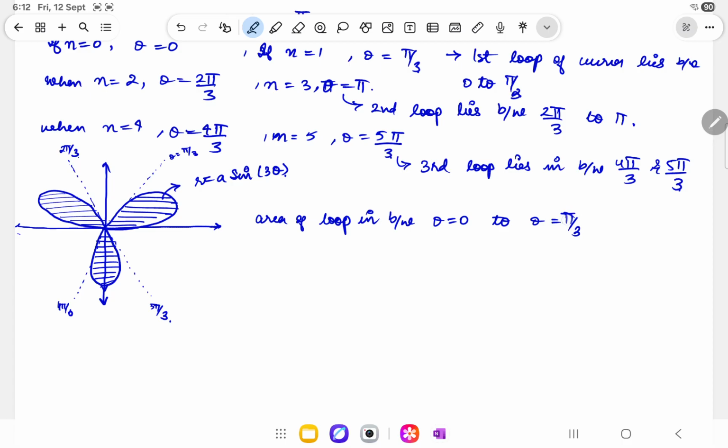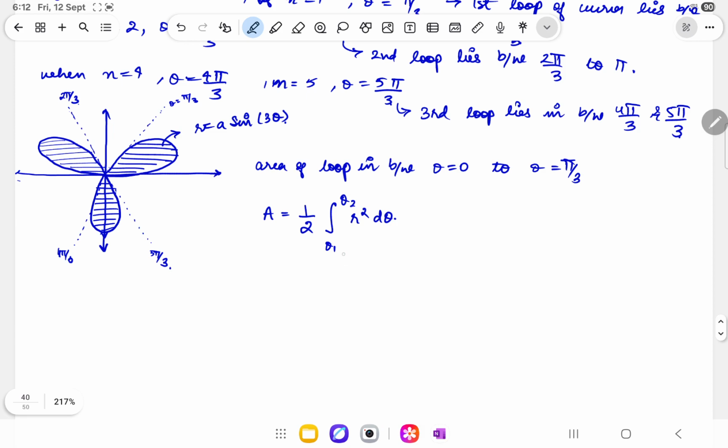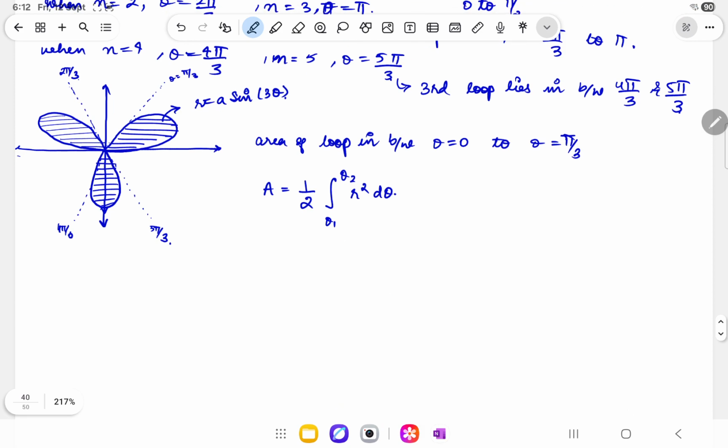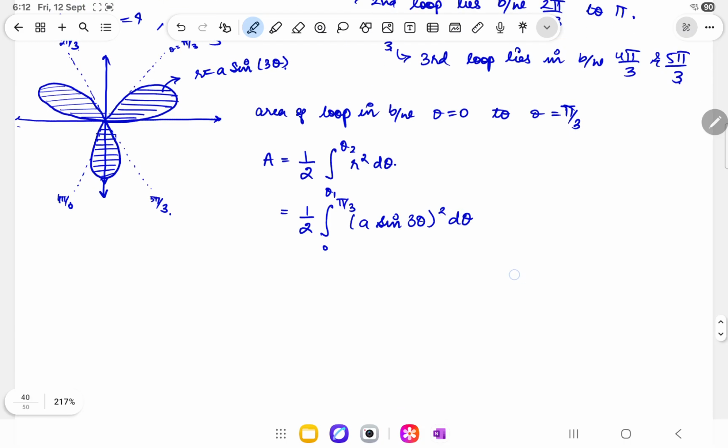We know that the formula for area of a polar equation is 1 by 2 integral from theta 1 to theta 2 of r square d theta. Now I can substitute the values of theta 1, theta 2 and r, and solve accordingly. So it will be 1 by 2, from 0 to pi by 3, with r equal to a sine 3 theta, so a sine 3 theta square d theta.